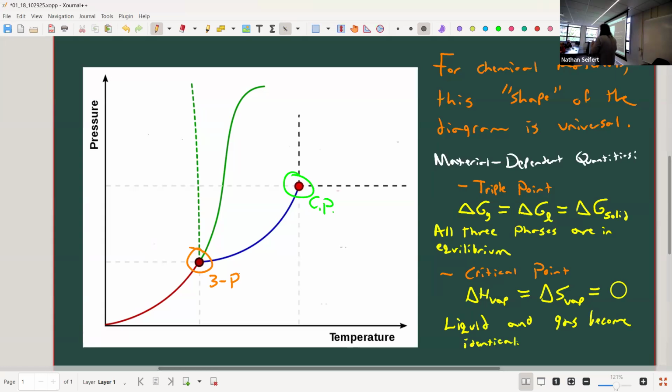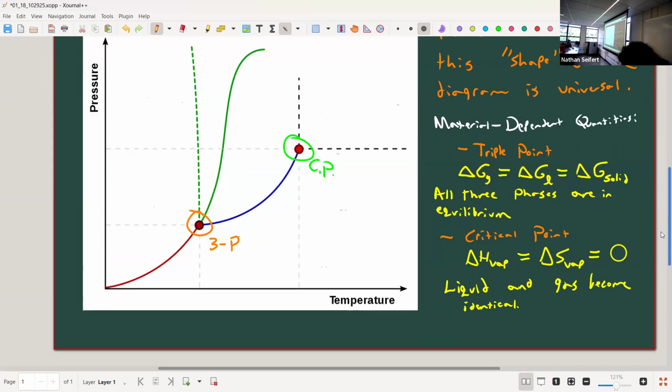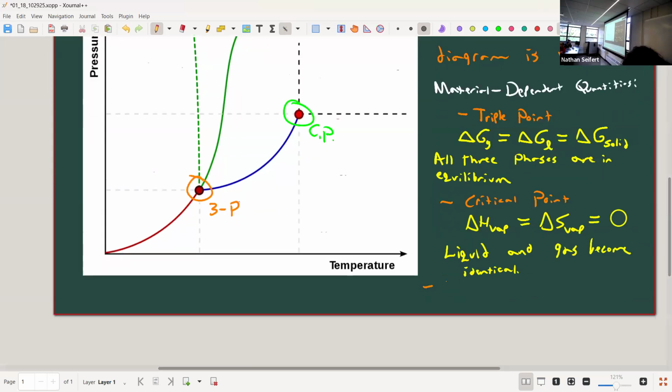And the rest of it, the only other thing that is material dependent, of course, are the slopes. The slope dP/dT of these curves, as we derived, is delta S over delta V. So the slopes of these curves depend on the entropy changes and the volume changes, the densities.